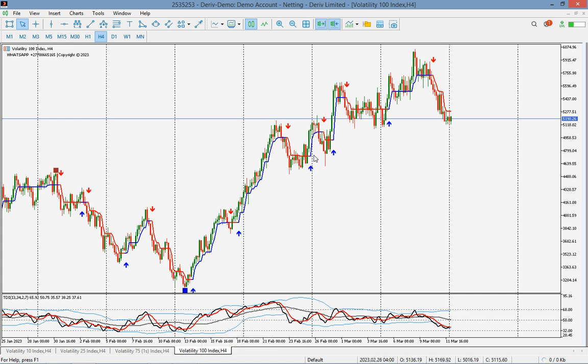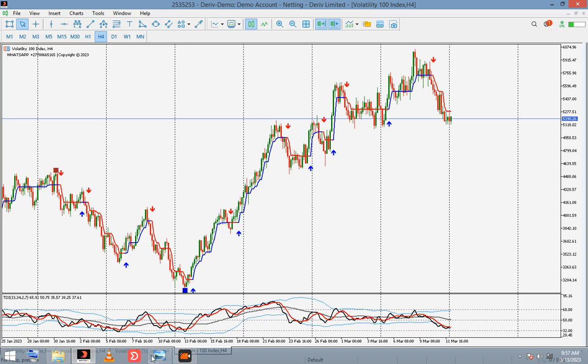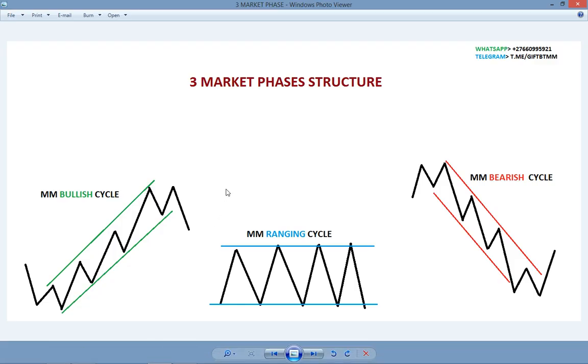Before we proceed with the system, I would like to explain how to calculate the time frame variations. Three market phases structure. You see we have an MM bullish cycle, the second we have an MM ranging cycle, and the third we have an MM bearish cycle.